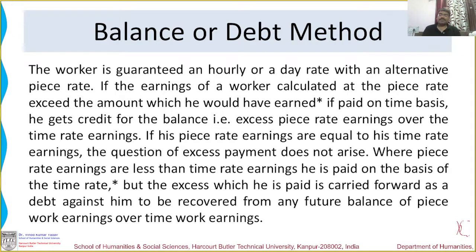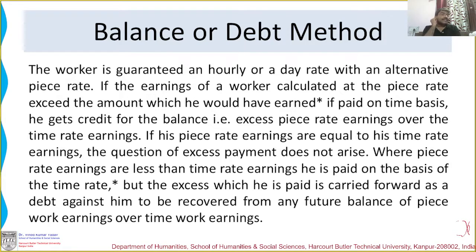Now this point is very important. Look at this. Say for example, the minimum 500 rupees you will be given. If the piece wage rate system amounts to 400 rupees, suppose, you will be paid 500 rupees, but this 100 rupees would be forwarded as a debt to you, and that debt would be recovered from any future balance of piece work earning over time.